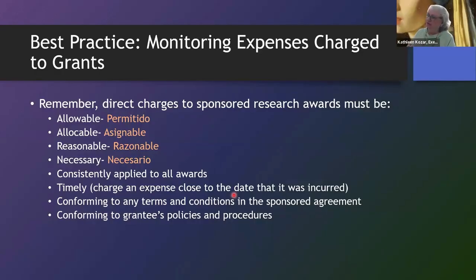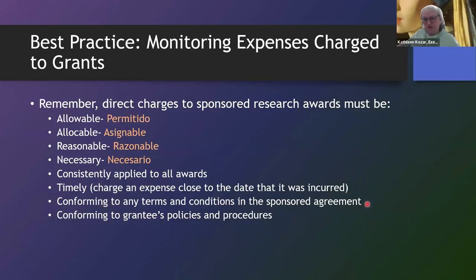And if they fail to meet that deadline, you have to go through all kinds of processes to get things approved, and it's difficult. But that is because you don't want to wait 6 months after a trip has been taken to apply it to a grant in particular, because you might lose receipts, you might not have all the information. So it's really, really important to be timely about the expenses as they are incurred.